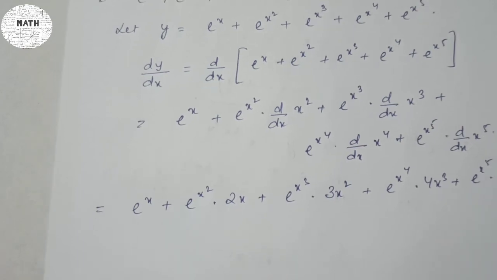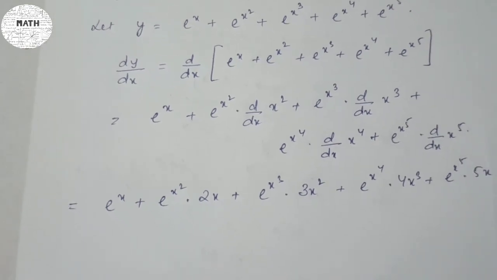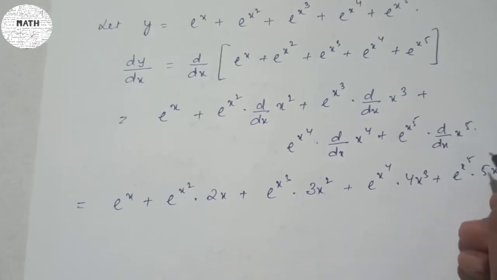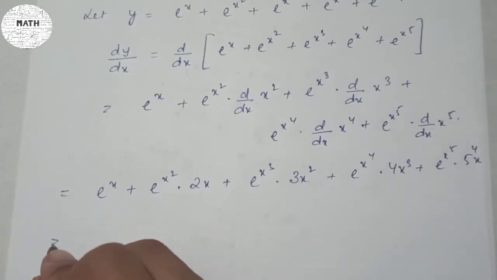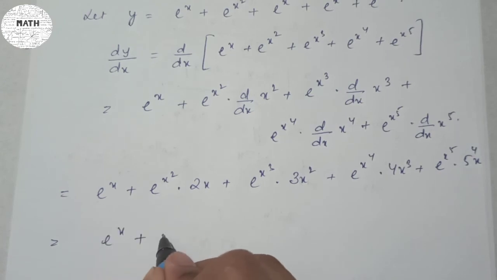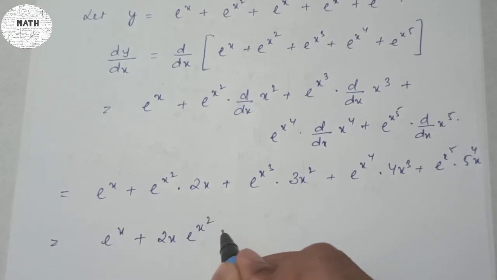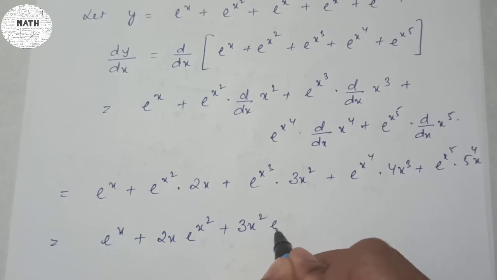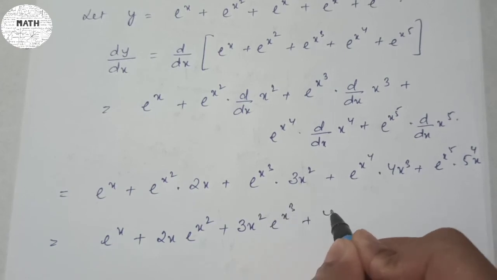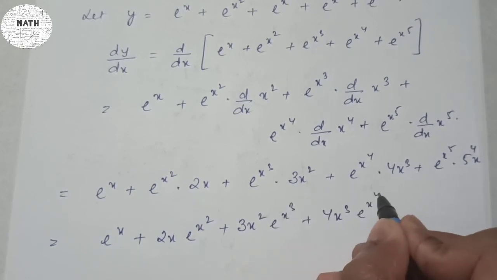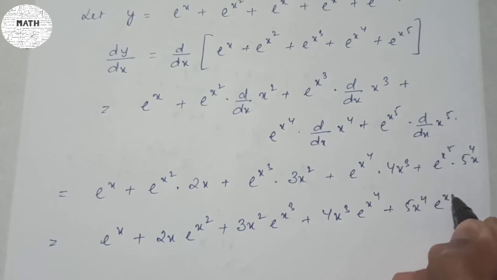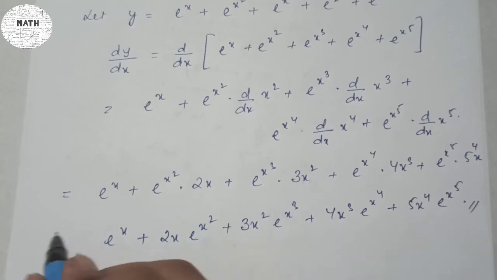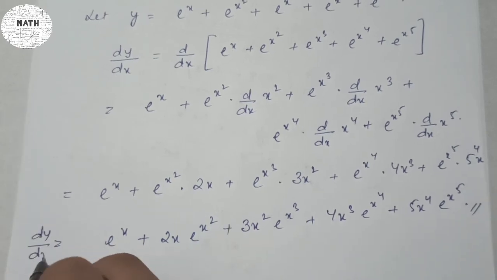So let me just make it into a very nice term. That will be nothing more than e to the power x plus 2x e to the power x squared plus 3x squared e to the power x cubed plus 4x cubed e to the power x to the power 4 plus 5x to the power 4 e to the power x to the power 5. So that's how much I got here, dy by dx.